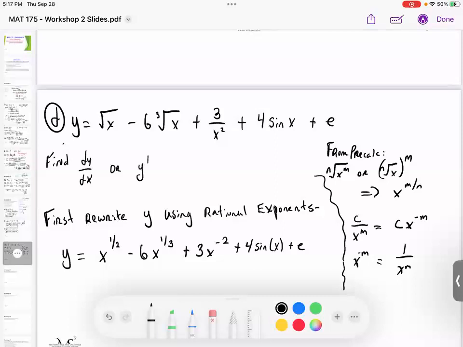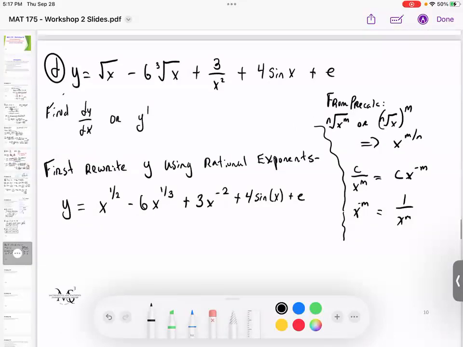All right, let's take our derivatives now. So bear with me as I do this. If I want to get the derivative of x to the 1/2, I bring the 1/2 down and I subtract 1 from 1/2, right? So this is going to be 1/2 times x raised to the power of 1/2 minus 1.